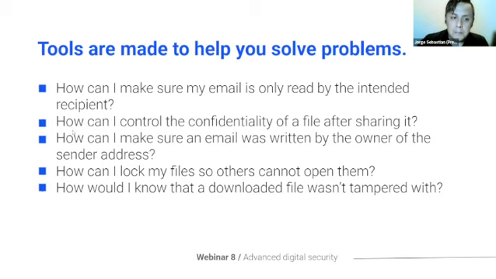The second problem is, how can I control the confidentiality of a file after sharing it? Let's say I have a very important Word document or Excel spreadsheet. I send it over to my colleague, and then I practically lose track of the file.